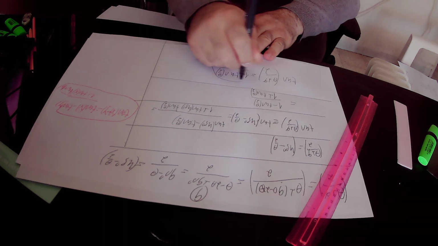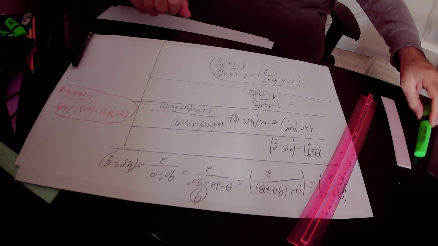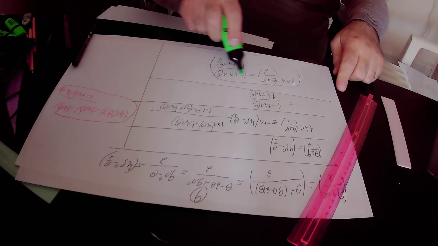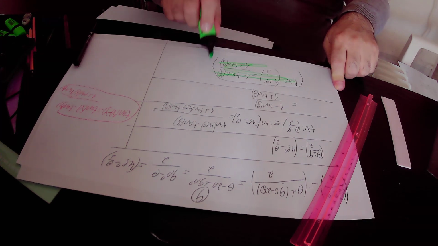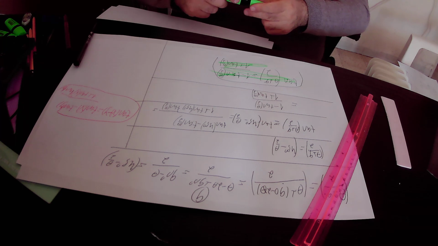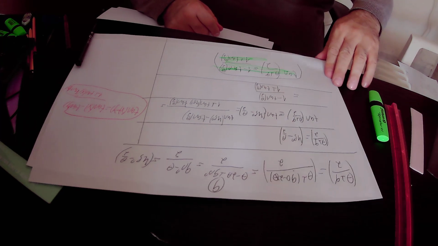Okay? So actually the only thing that we need to do in order to find out the value of tangent (alpha plus theta) over 2 is to find out the value of tangent theta over 2. Okay, so what is the value of tangent theta over 2?